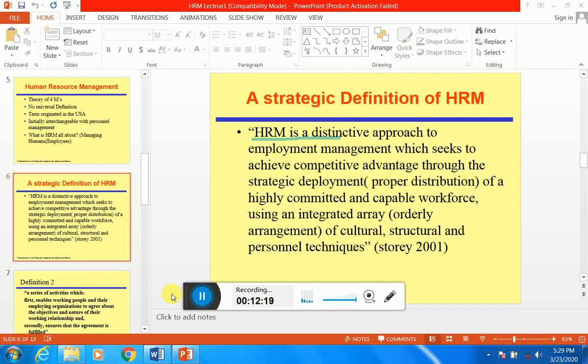Competitive advantage means a unique advantage, through the strategic deployment, which means the proper distribution of the tasks, of a highly committed and capable workforce using an integrated array, the orderly arrangement of things, along with culture, structure, and personnel technique.